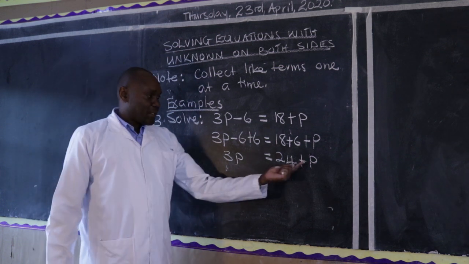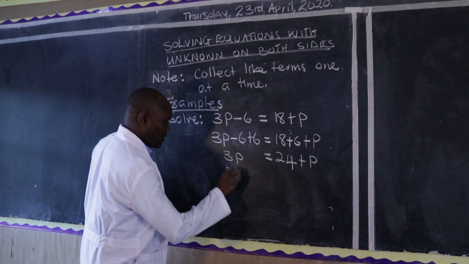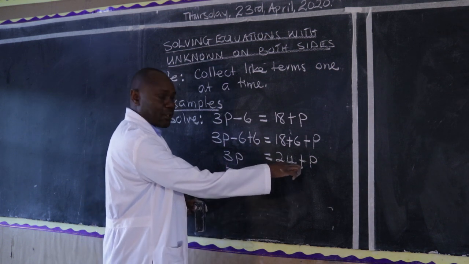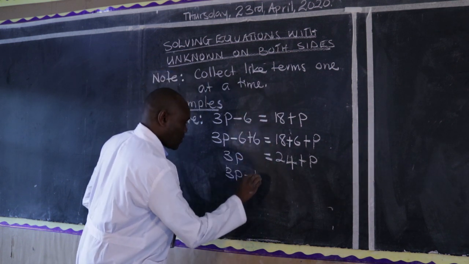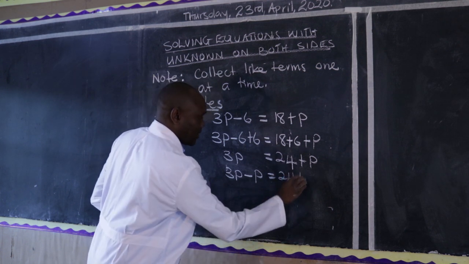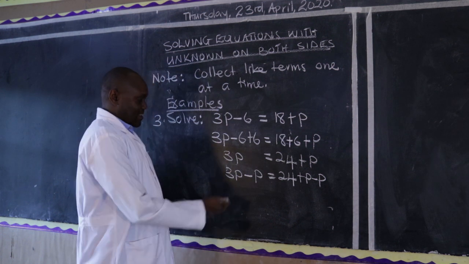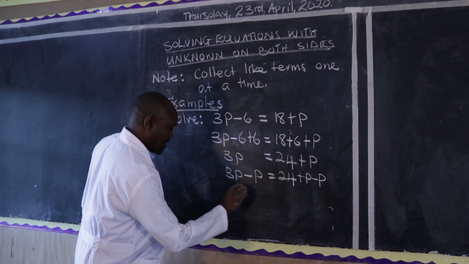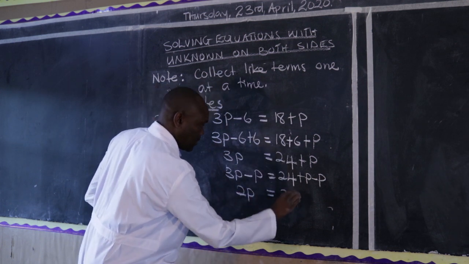The next step is to bring in p also on this side. That will be 3p minus. This one has a positive, so its additive inverse is minus. So minus p equals 24 plus p minus p. 3p minus p, yes, that is 2p equals 24.